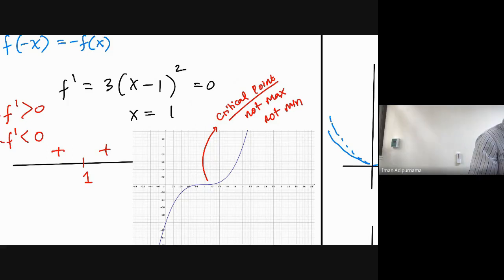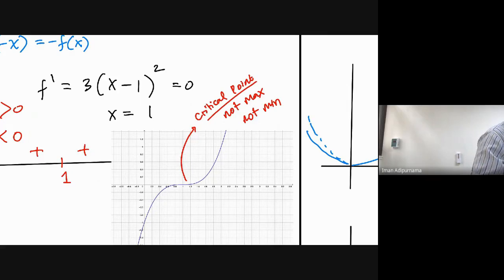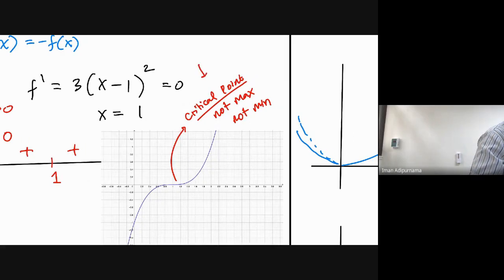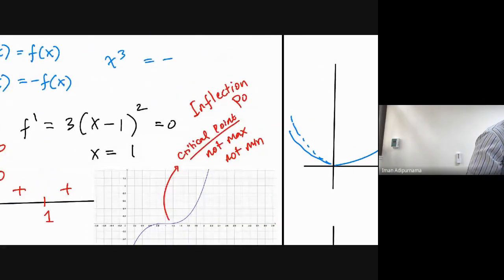That point is not only a critical point, but we say this is the inflection point. So an inflection point means when you have a change in the concavity, from downwards to upwards. We say it's an inflection point.